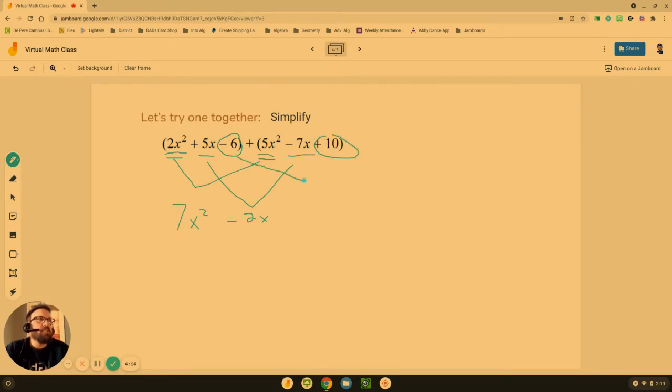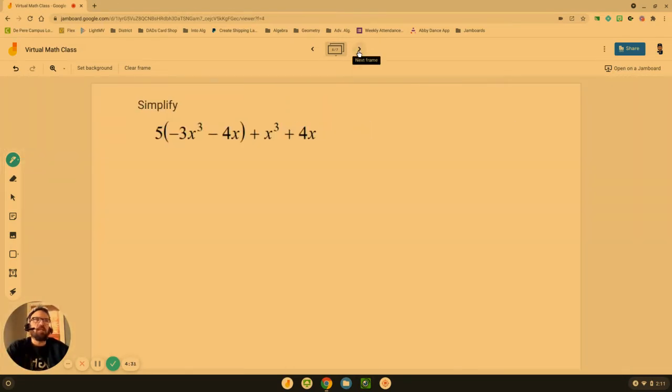Negative 6 plus a positive 10 gives me plus 4. And if we look, none of these have the exact same variable, so we say that is simplified. Combining like terms. Now this one's slightly different because we have to remember what the distributive property is.